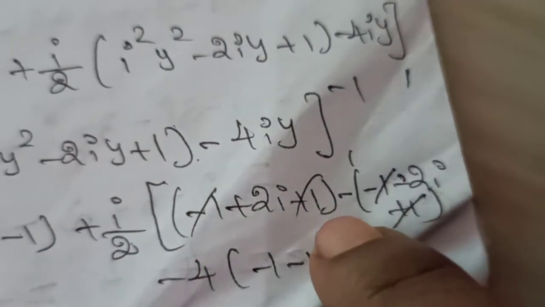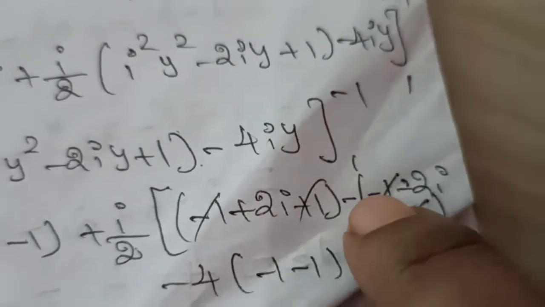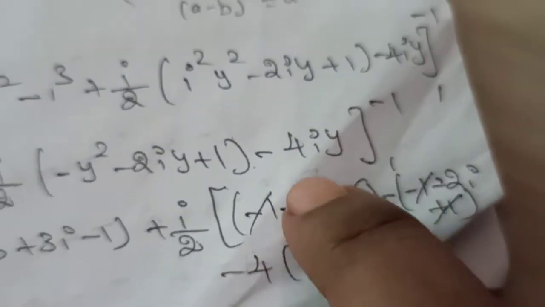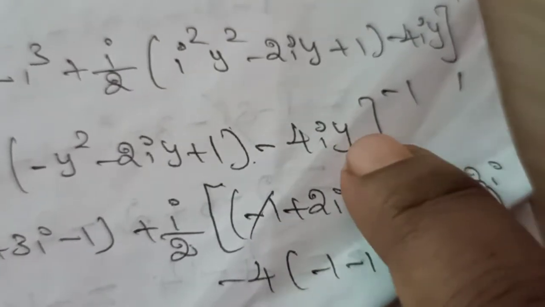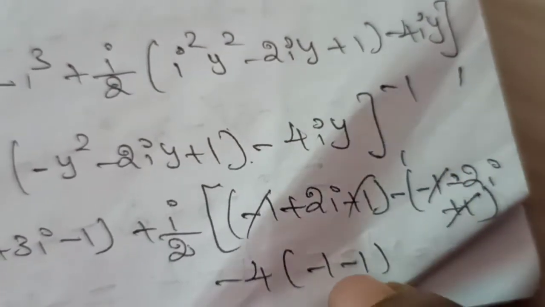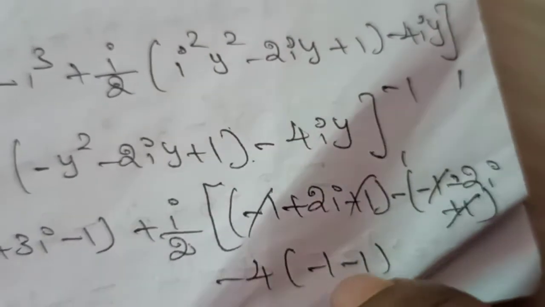Here minus 1 plus 1 cancel, and in the lower value minus 1 plus 1 cancel. Next go to the last term, minus 4i into the upper and lower values: minus 1 minus of the lower value y equal to 1, that is 1, so minus 1 minus 1.